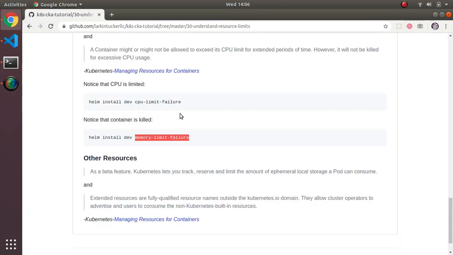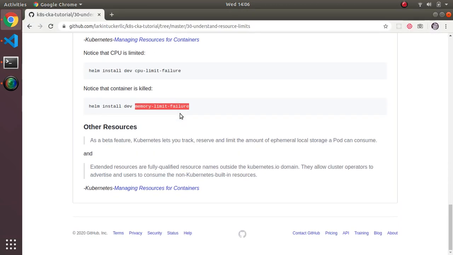What's left? Okay, I was going to touch upon it in this video, but we're not going to actually do anything with it. There are some other resources. We talked only about CPU and memory, and those are the biggies. There are other resources that you can put limits around, and one of which is ephemeral local storage.